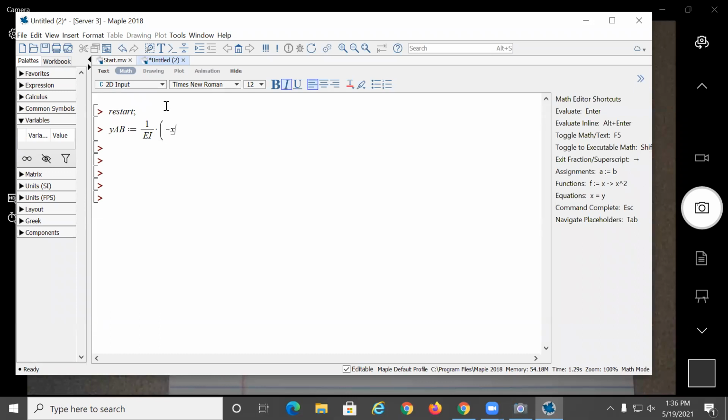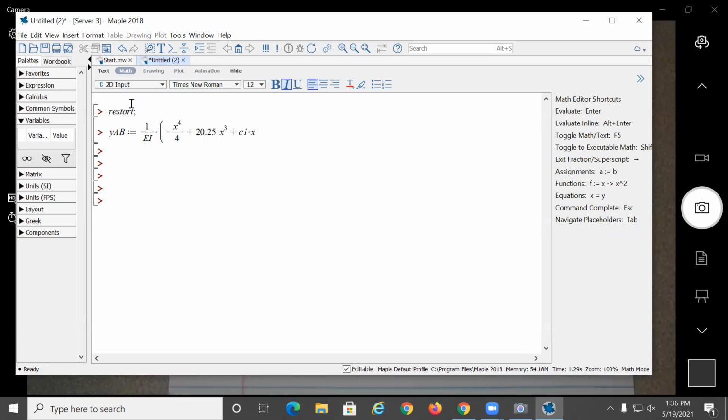Minus X to the power 4, everything divided by 4, plus 20.25 times X cubed, plus C1 times X.